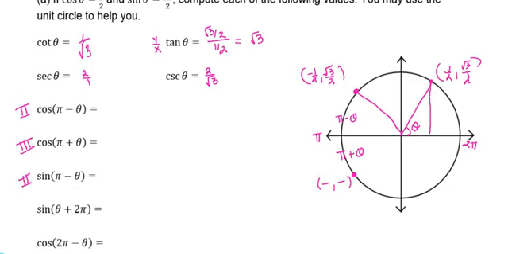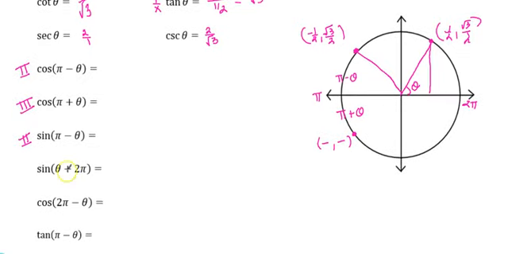Okay, so let's take a look at theta plus 2 pi and 2 pi minus theta. We know the periodicity: 2 pi plus theta is the same as theta, because you are making one complete circle and coming back to the same point. So this is my same point in the first quadrant, my original point. Now this point in the fourth quadrant, where x is positive and y is negative, is the reflection.